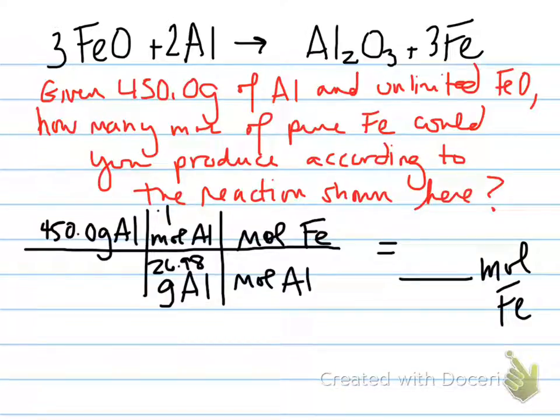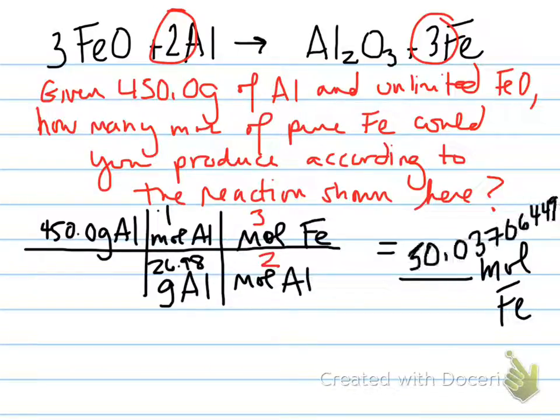Okay, we're going to get our mole ratios from here. And we have 3 moles of iron produced for every 2 moles of aluminum that react. So now you're ready to go ahead and calculate. Okay, when you have a raw number, you can compare it to what I've got. I wrote my raw number up here.